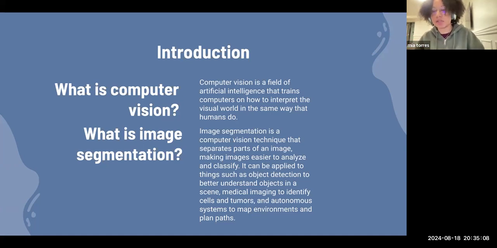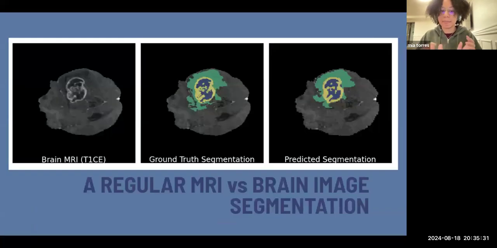And then image segmentation is a specific technique that separates parts of an image and makes things easier to classify and analyze for both the person watching and the AI. It's been applied to medical imaging to help identify things like cells and tumors, which is hard to do by eye.